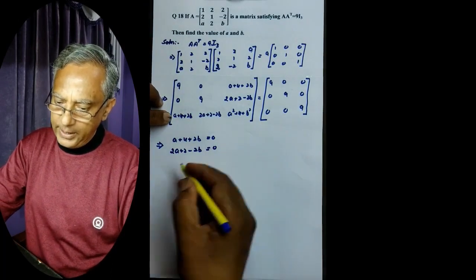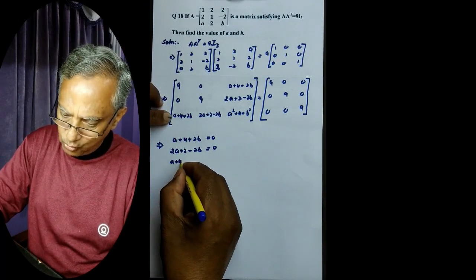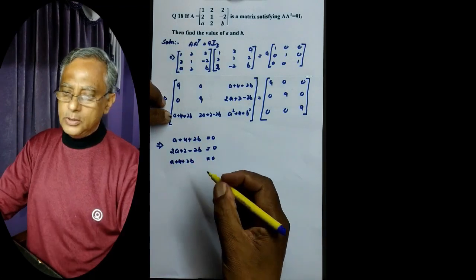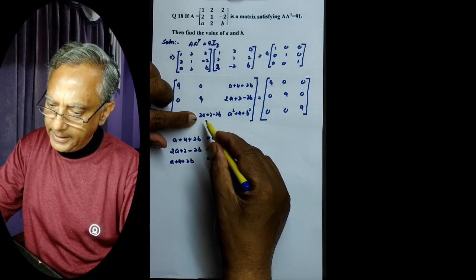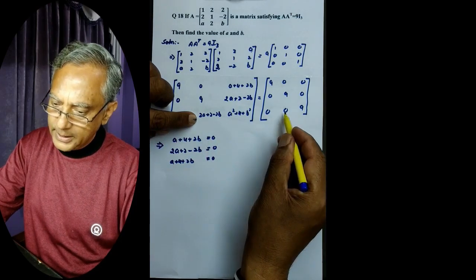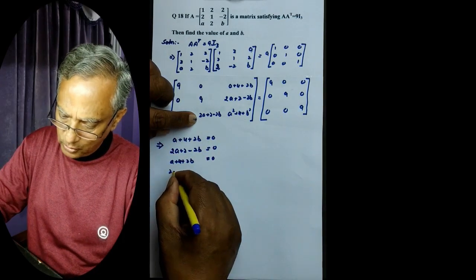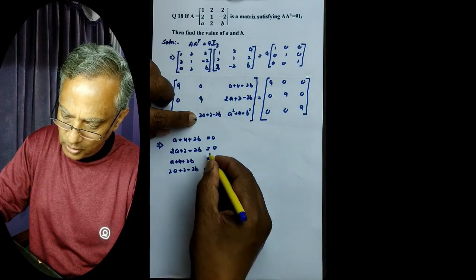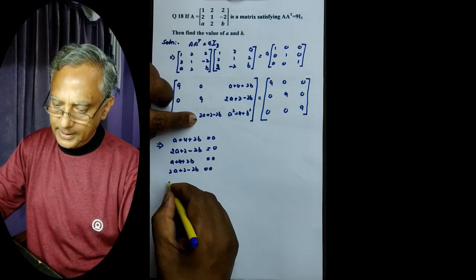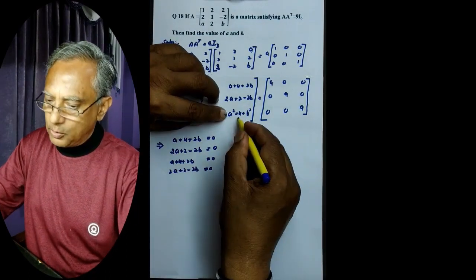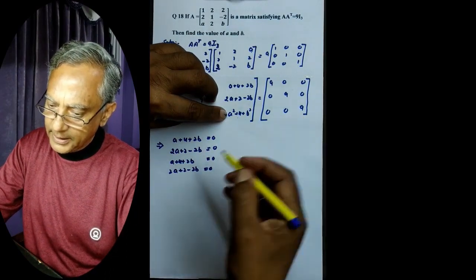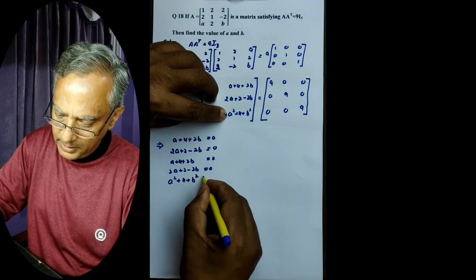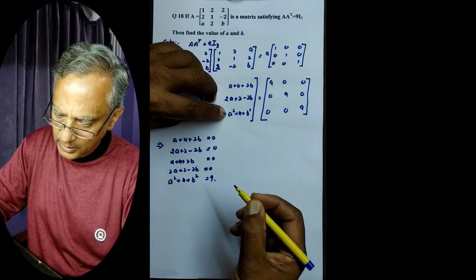And from here we get A plus 4 plus 2B must be equal to 0, and 2A plus 2 minus 2B should be equal to 0, which is same as this. And last equation we get is A square plus 4 plus B square must be equal to 9.